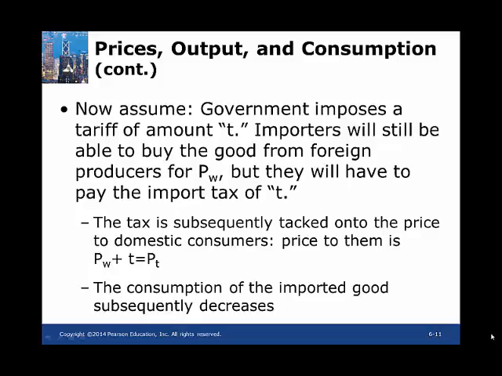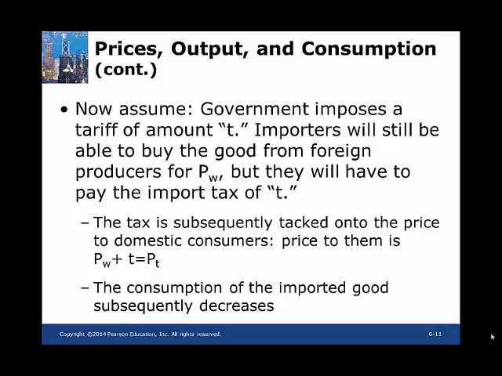Now, assume the government imposes a tariff of amount T. Importers will still be able to buy the good from foreign producers for PW, but they will have to pay the import tax of T. The tax is subsequently tacked onto the price to domestic consumers.